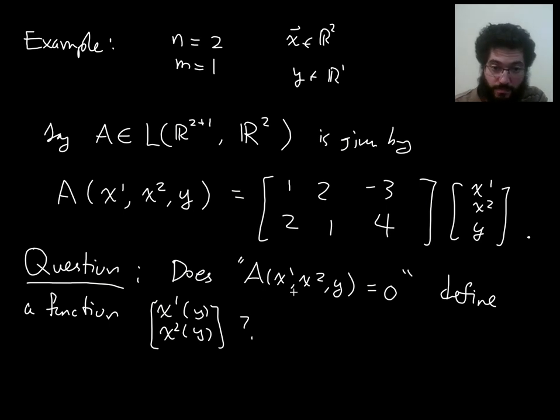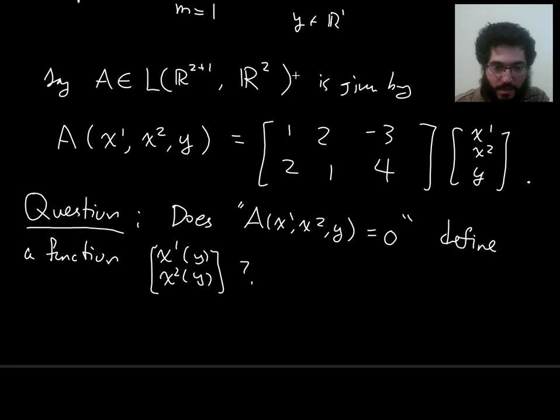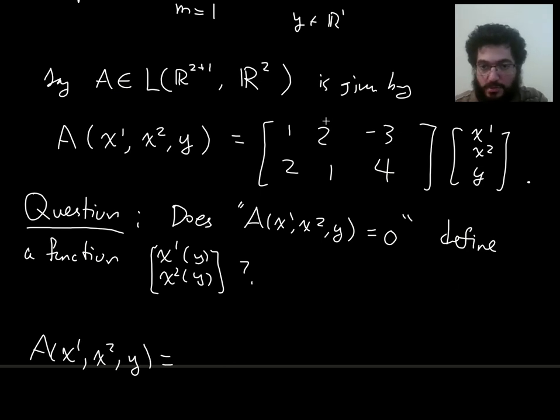And here it's not so hard to see that it will work. So just look at how this splits up. So A of x1, x2, y, when you apply this 2 by 3 matrix to this column vector with 3 entries, you're going to split it up like this. So I'm just cutting the matrix down here and taking this first square part.